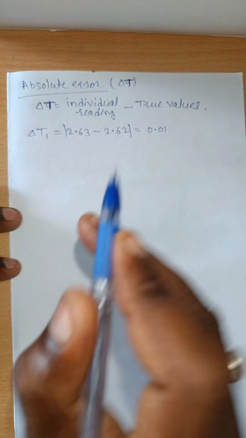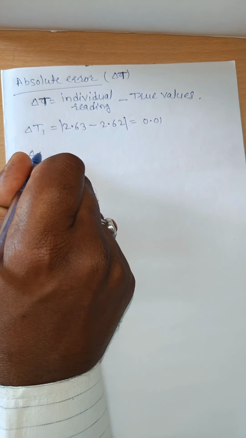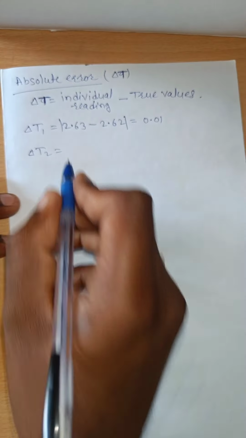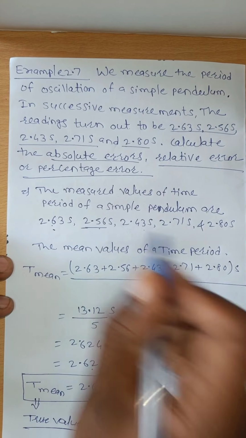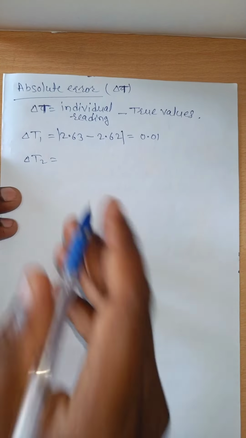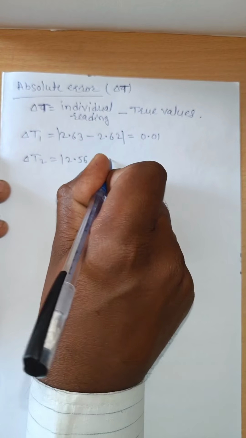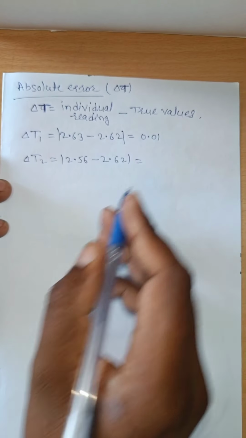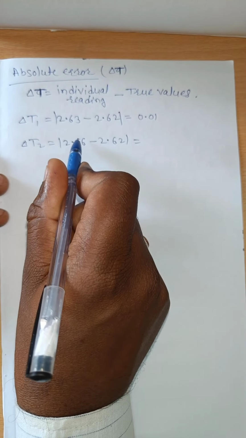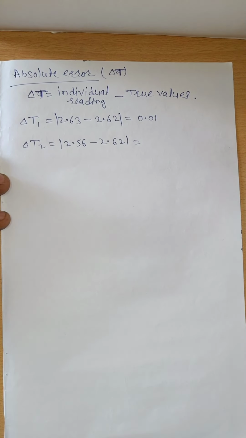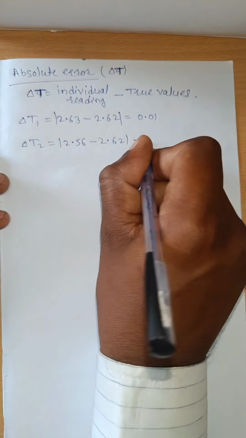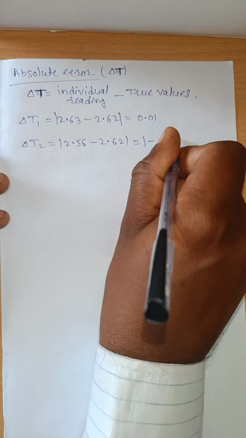Next, delta T2 is the mod of the second individual reading, 2.56, minus the true reading, 2.62. 2.56 minus 2.62, you get minus 0.06.